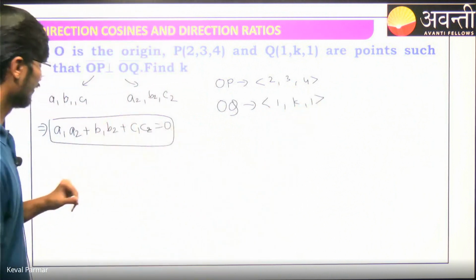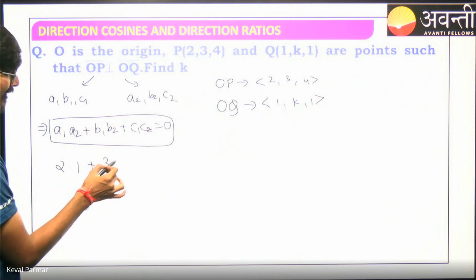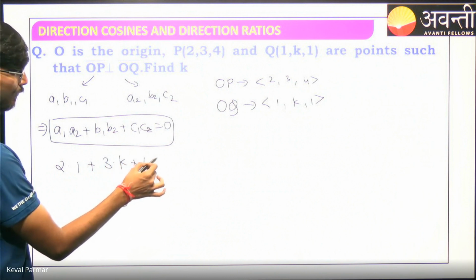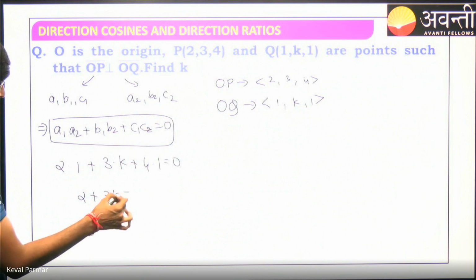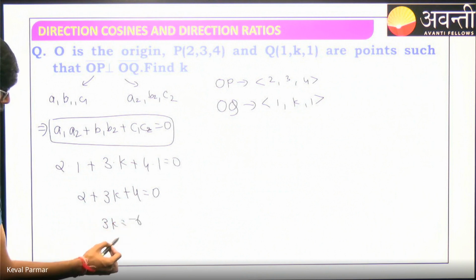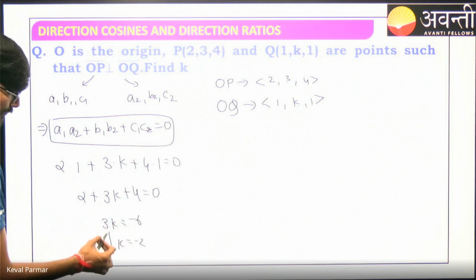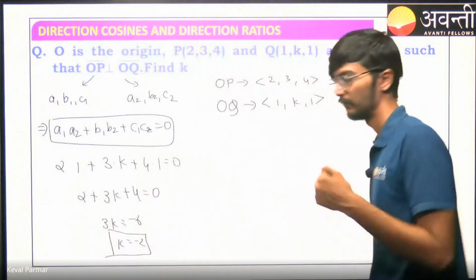So let us substitute this. 2 into 1 plus 3 into K plus 4 into 1 equals 0. So 2 plus 3K plus 4 equals 0. That means 3K is equal to minus 6. So K is minus 2. This is my answer. Correct. So I got the value of K as minus 2.